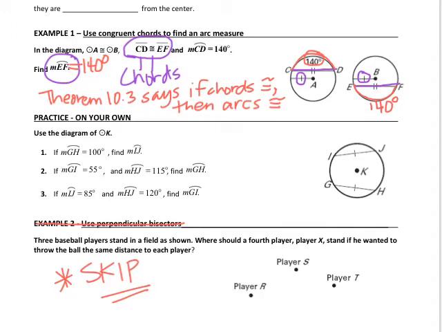If you recall from theorem 10.3, that theorem says that if 2 chords are congruent in the same circle or in 2 congruent circles, then the arcs are congruent. That's one of the things you're going to need to remember. We already indicated that those 2 circles were congruent and that chords CD and EF were congruent, so the arcs with those same endpoints are going to be congruent as well.